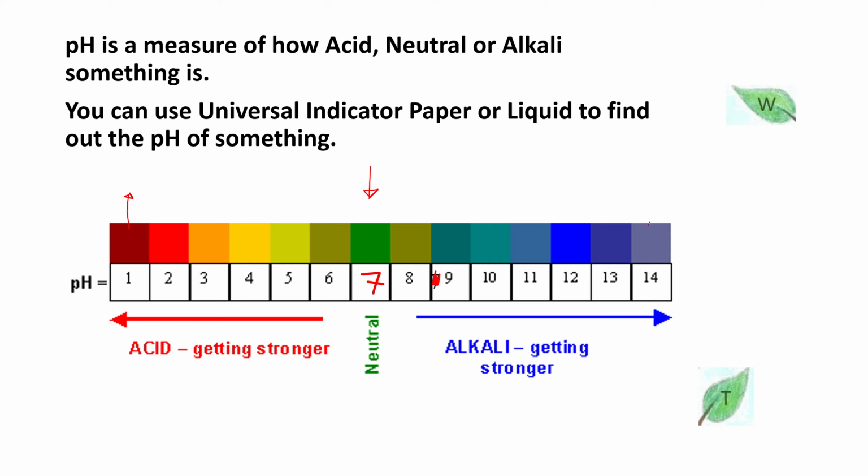Some kitchen cleaners will be about pH 14. Maybe an orange or a lemon will be about pH 4 or 3, somewhere around here. Okay, so they're a little bit acidic. If you ever get those really sour sweets, the sour sweets are acidic. Okay, if something's acidic, it gives it kind of a sour taste.